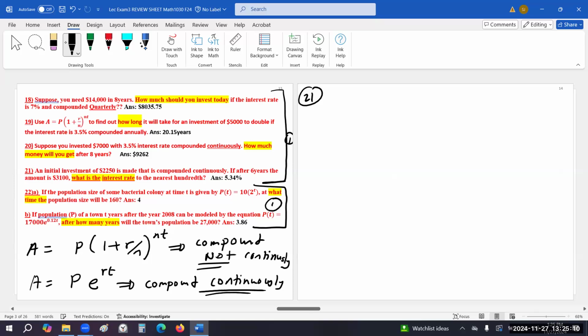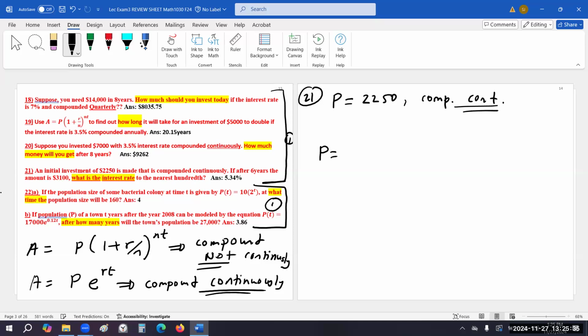Number 21. It says the initial investment is 2250. So P is 2250. It is compounded continuously. Continuously means which formula?